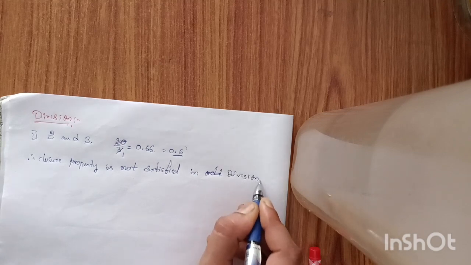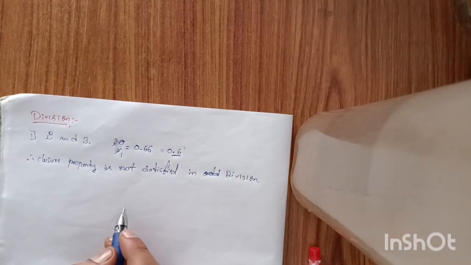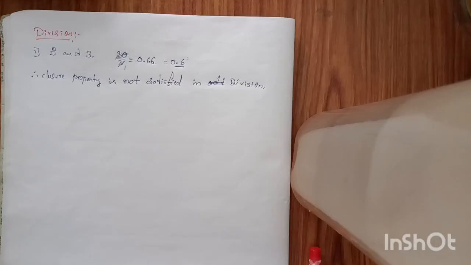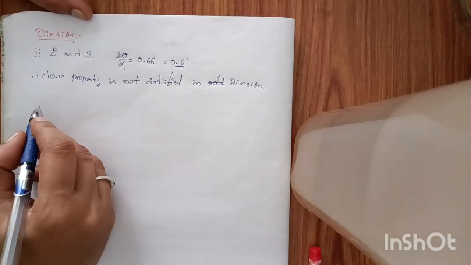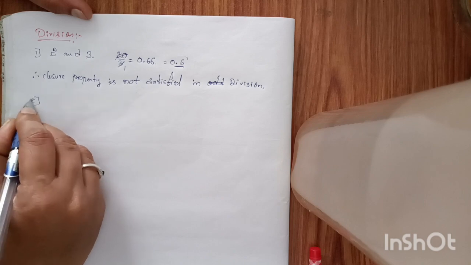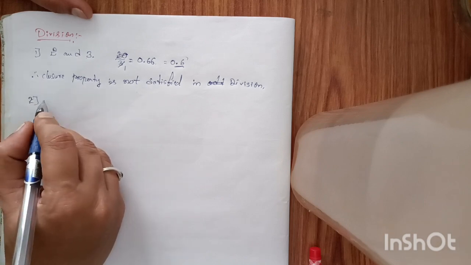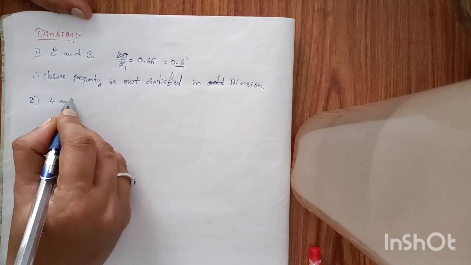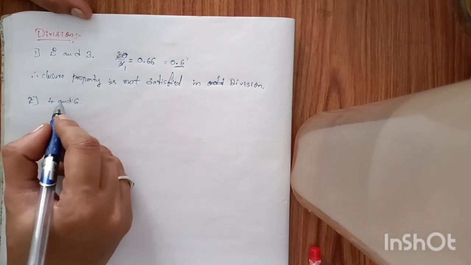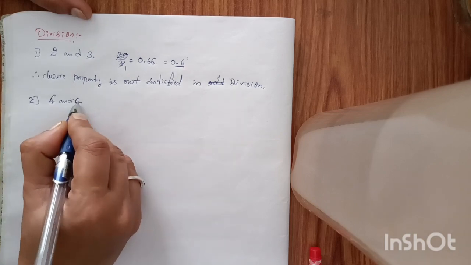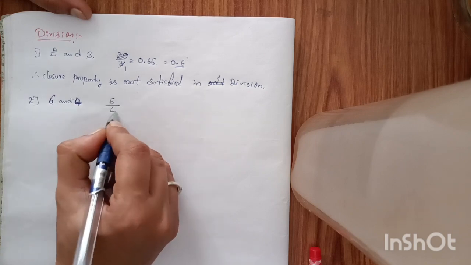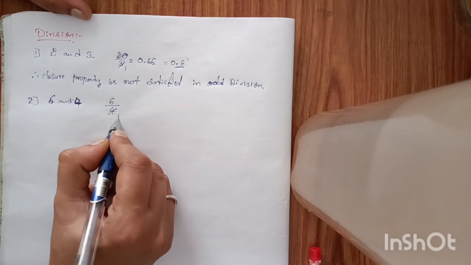If you want more clarification, solve this condition with one more example. Let's take another example for this property. Consider another two whole numbers, 4 and 6. If we divide 6 by 4, remainder is 2.